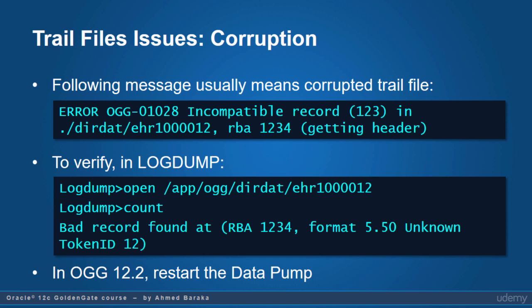The replicate will be aware of this and it will skip the transactions that have already been applied. If you are working with an earlier version of Oracle GoldenGate, then the procedure to recover from a corrupted trail file is quite long. Refer to the documentation to obtain information about the steps that you should follow.